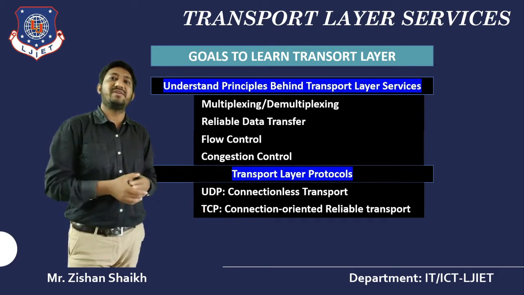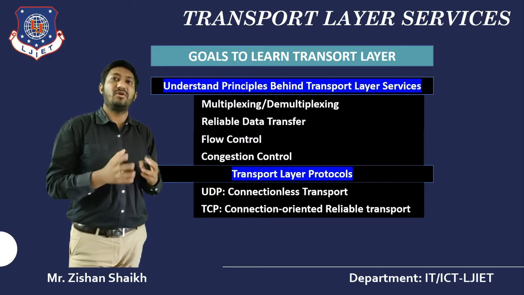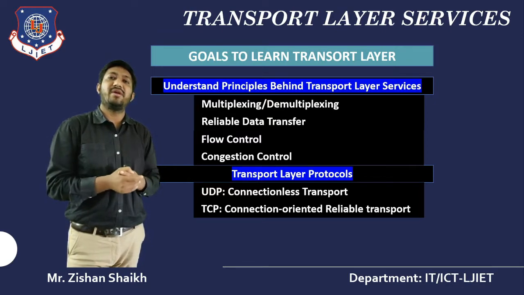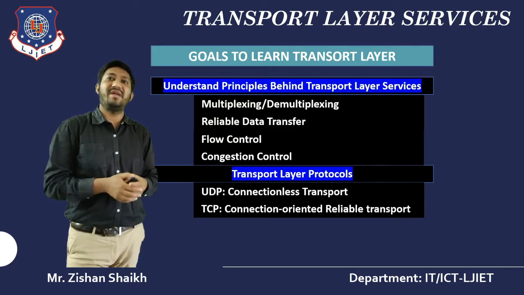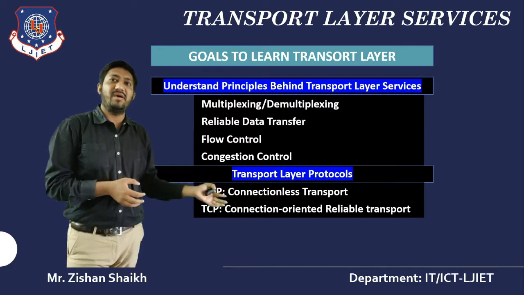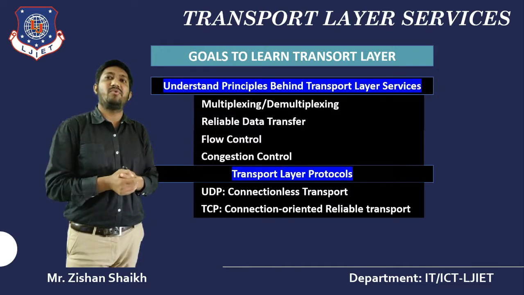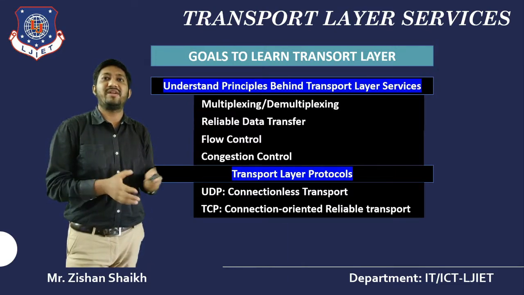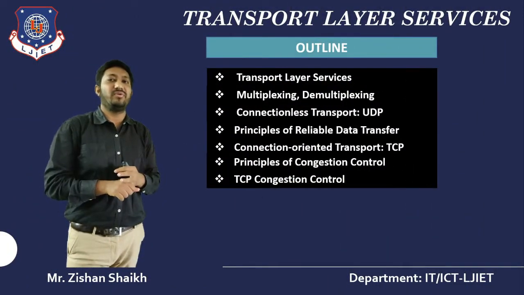And the next one is TCP, which stands for Transmission Control Protocol, and it is used for connection-oriented services. We will understand both protocols with their packet formats. So these are the basic terminologies and services provided by our transport layer. Let's move to our outline. What contents are we covering in this unit?